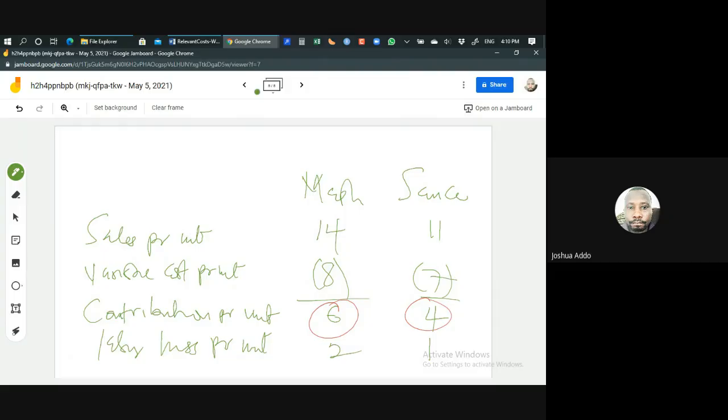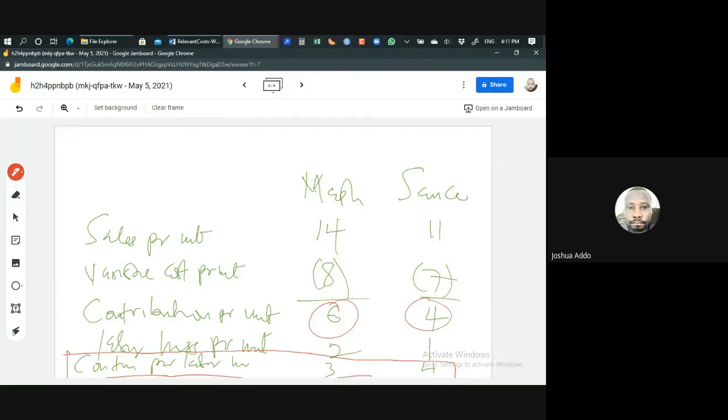And contribution per labor hour, that's the contribution per the limiting factor, for mash is 6/2. This is 3. And this is 4/1. This is 4. Right, so this is what we are looking for, the ranking in terms of which product should be produced first, followed by which. This one.